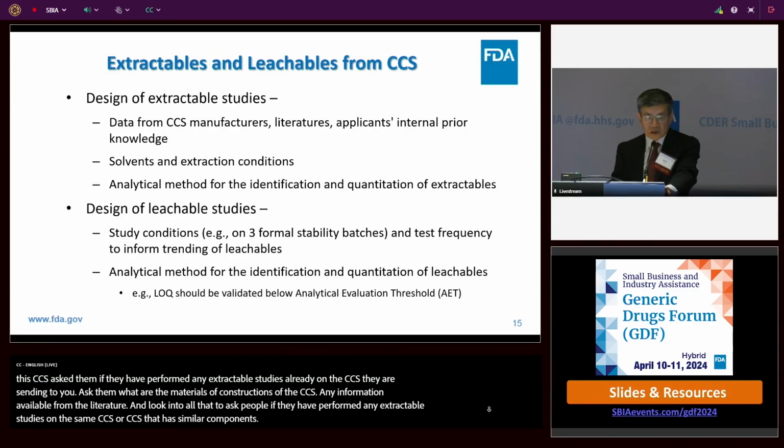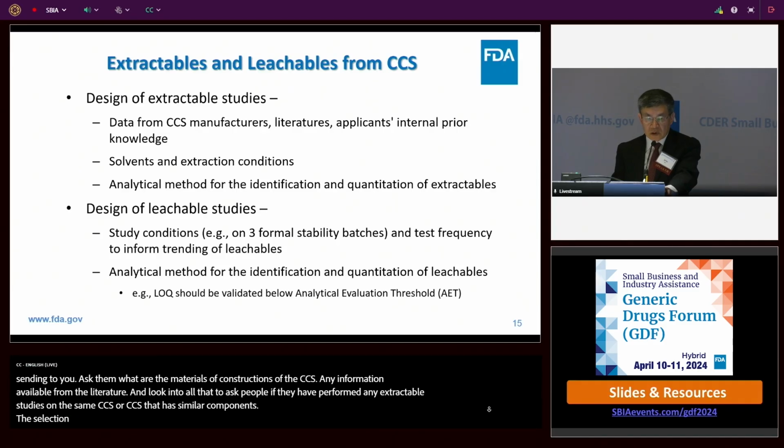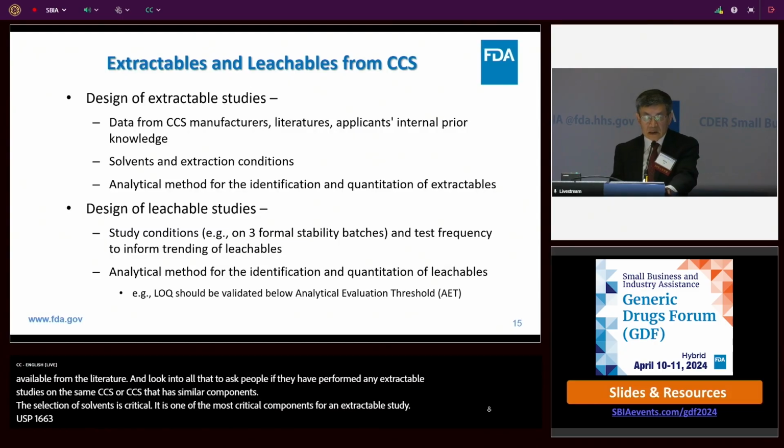The selection of solvents and extraction conditions is always very, very critical. It's one of the most critical components of the extractable study. And USP 1663 has a very good and detailed discussion on the selection of solvents and extraction conditions. And I'm not going to repeat it here.